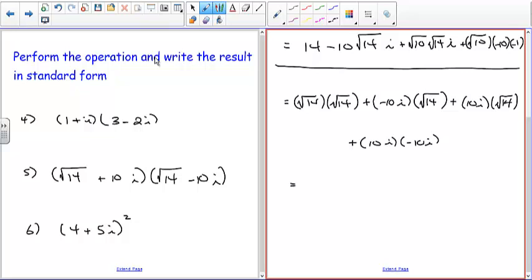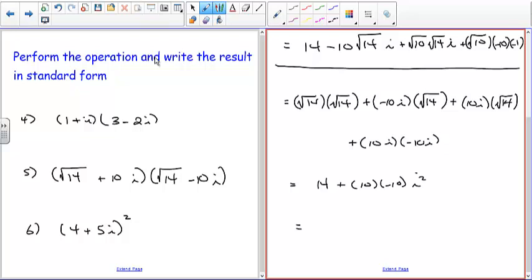So the first one you get square root of 14 times the square root of 14, which is 14. This is the opposite of that in terms of sign. So you get negative 10 square root of 14 times i. Here you get positive 10 square root of 14 times i. So those two cancel out. And then you have the last one, which is going to be 10 times negative 10 times i squared.